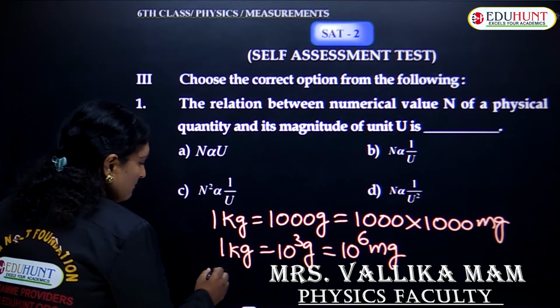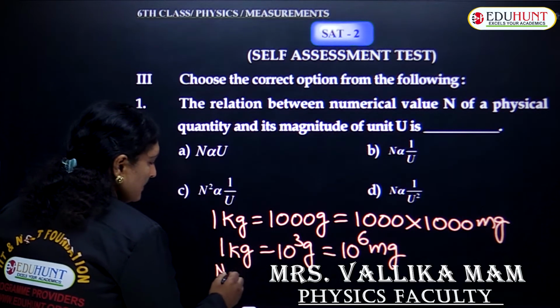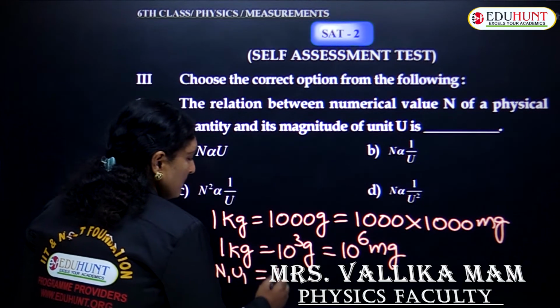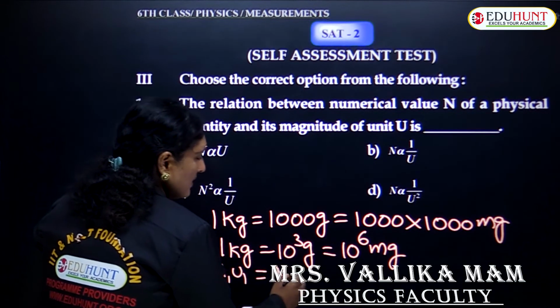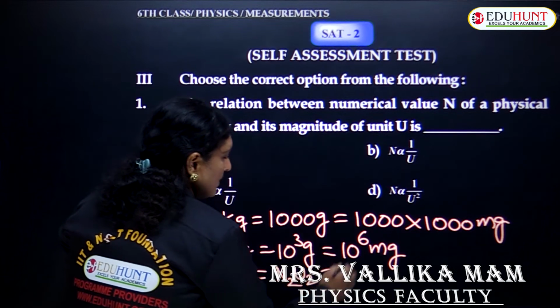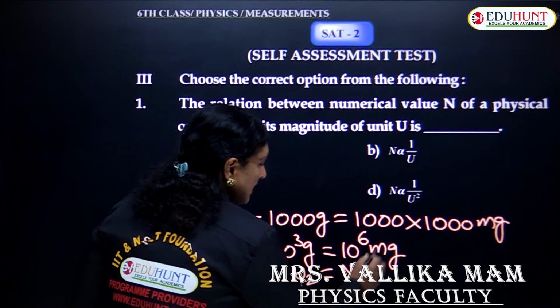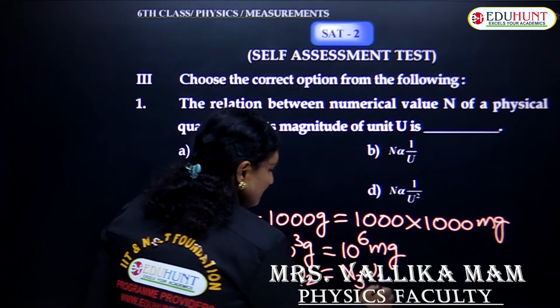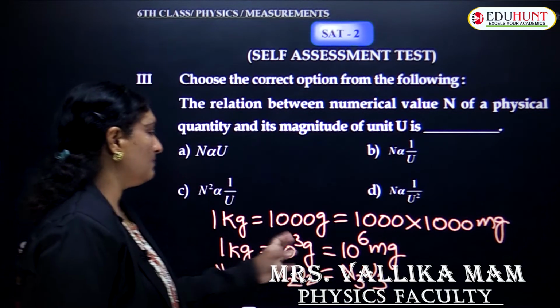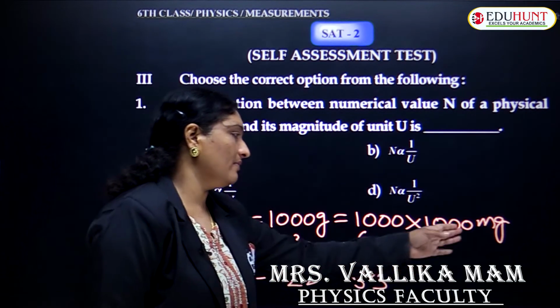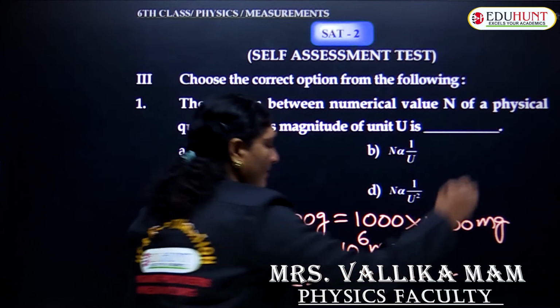If I represent 1 as N1 and kilogram as first unit U1, this may be represented as N2 and gram with some U2, and 10 power 6, let us name it as some numerical part N3 and milligram as U3. Here, if you further simplify it for the other units, it will be N4, U4, N5, U5, and so forth.